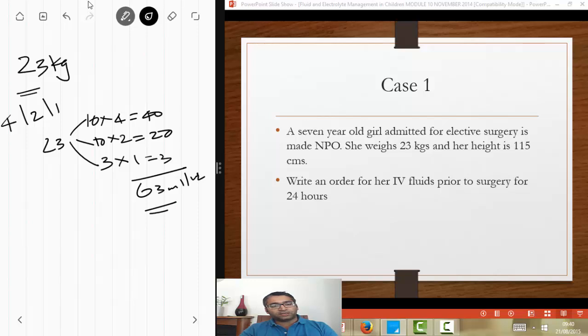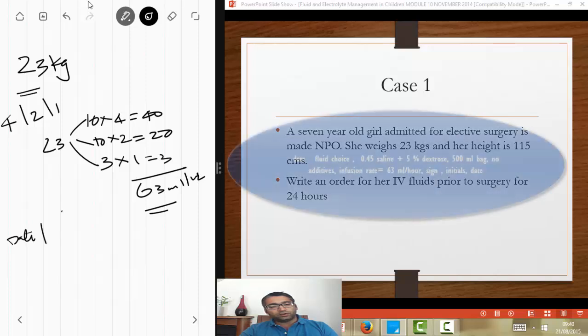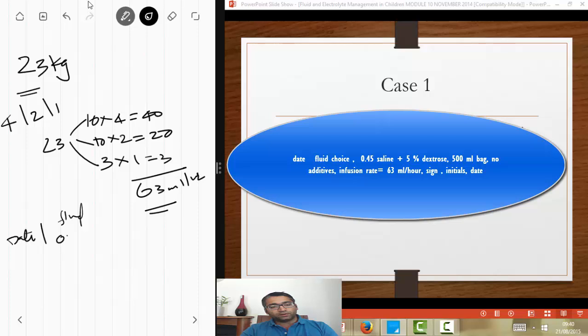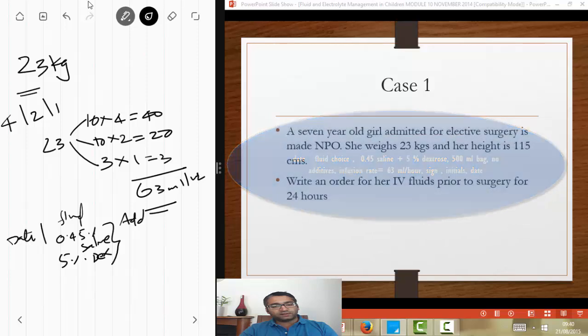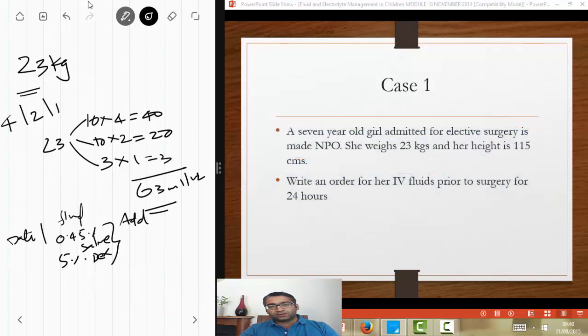So this is a full maintenance fluid. You would write up something like this. You would put the date there, then the fluid, which is 0.45 saline with 5% dextrose. As I said, some units might just use saline. Then there will be a box which says additives. This child is just going for surgery for a brief period of time, so you don't have to put any potassium in it.